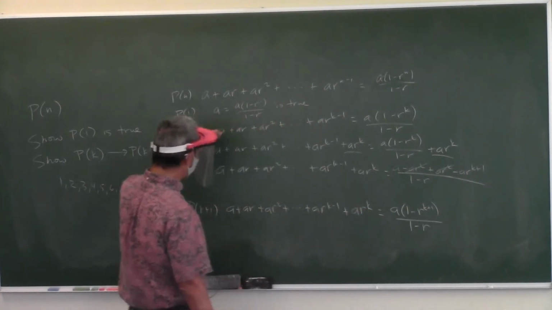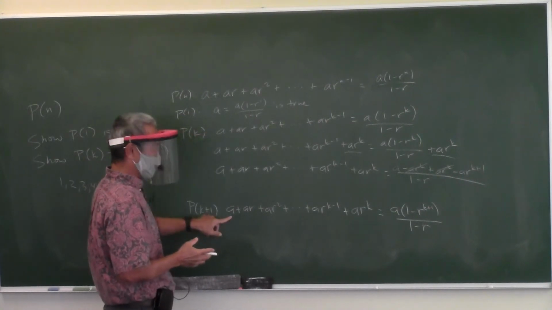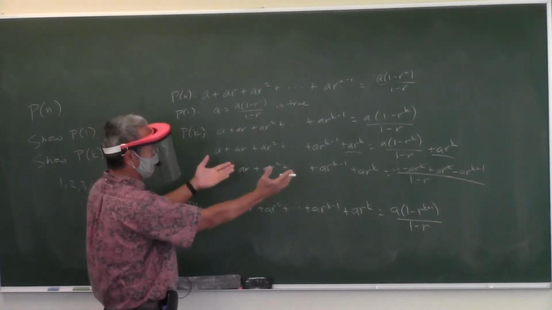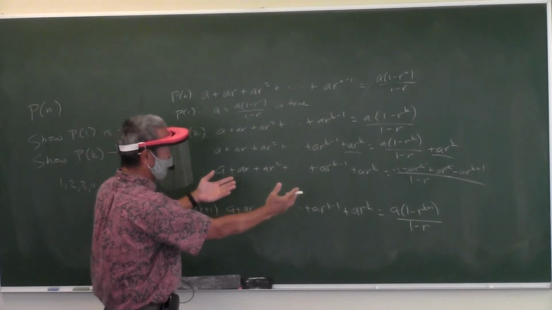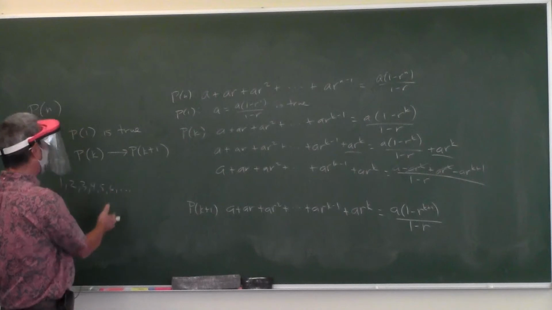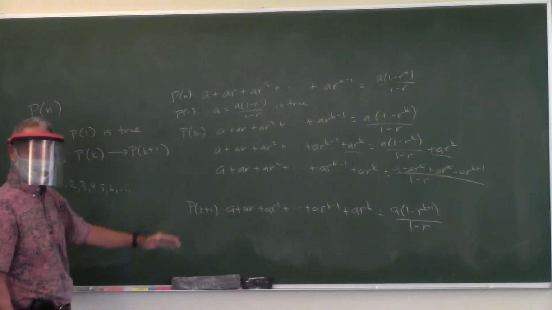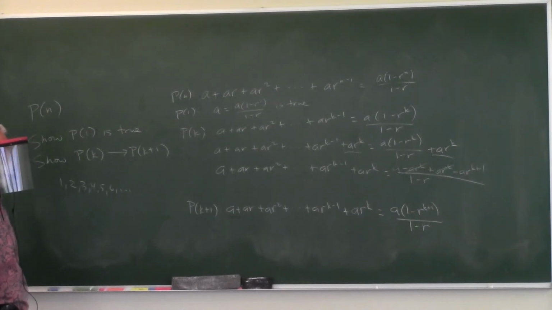So therefore, if this statement is true, we don't know if it's true, but if it's true, then doesn't this one have to be true? Because we just simply added the same thing to both sides, and we just did some algebra, right? And therefore, this statement is true for all positive integers. But you didn't prove that.